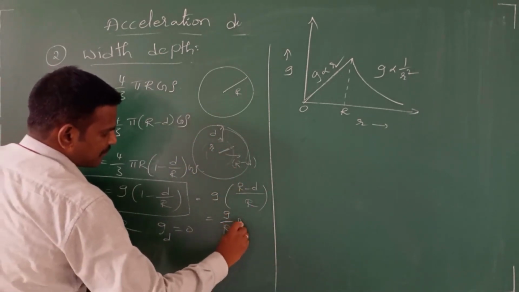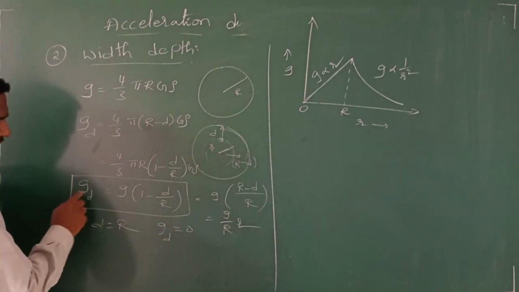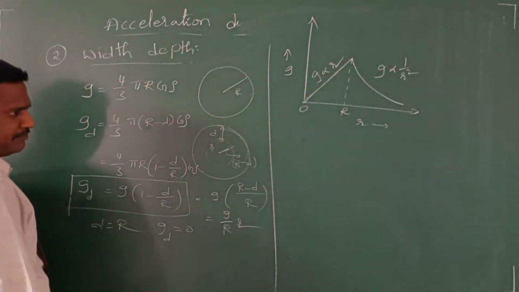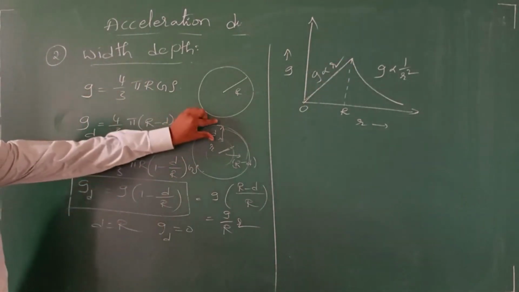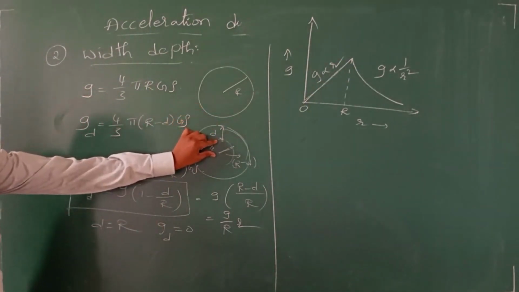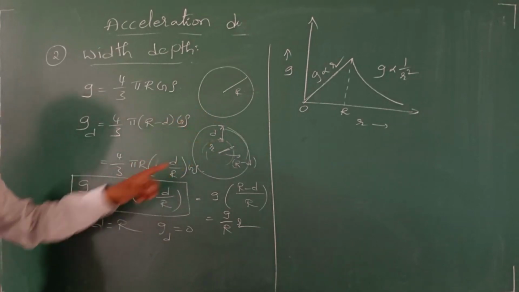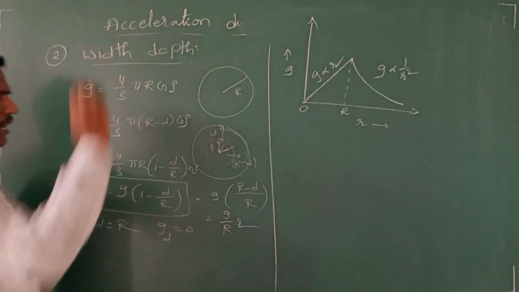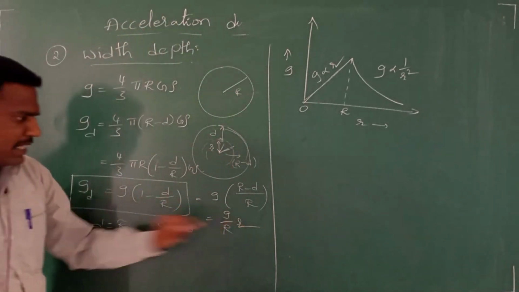So g by R times small r. From here what can we say? g_d is directly proportional to r only. Therefore I got a linear relationship. Are you all getting my point? At the depth d, this is the R minus d distance. This R minus d distance let me call small r. In the place of R minus d I am writing small r.